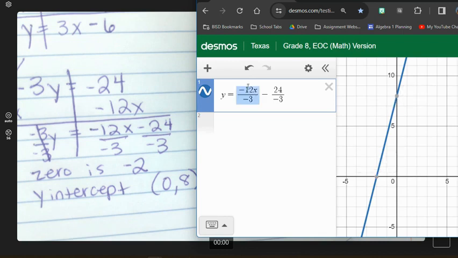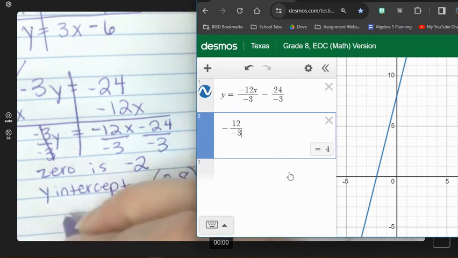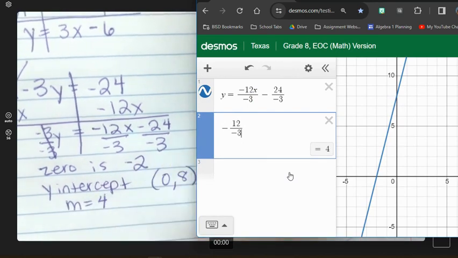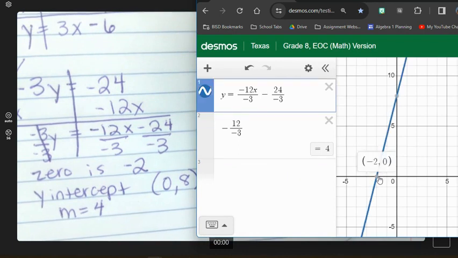Or we could just look at -12 over -3, which gives us a +4 slope. So m equals 4. Or you can count. Let's find another pretty point. There's a pretty point right there, -1, 4, and then -2, 0. So that's up 4 over 1.